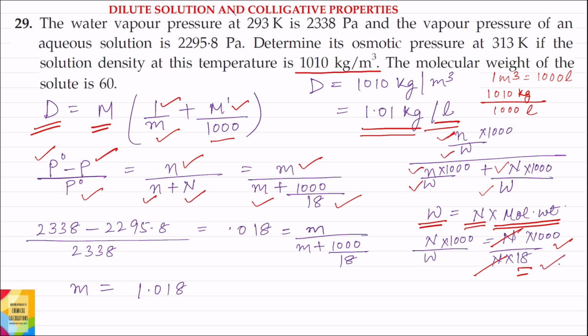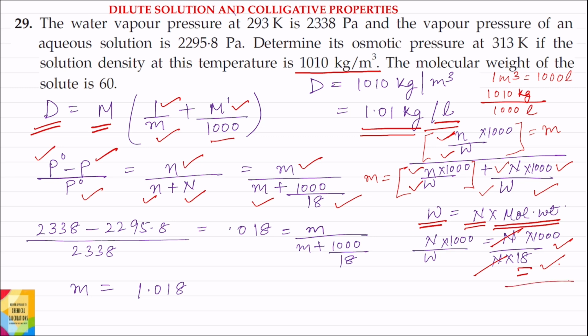So in the numerator, moles of solute divided by weight of solvent in kgs is equal to molality. In the denominator also, moles of solute divided by weight of solvent in kgs is also equal to molality, and moles of solvent divided by weight of solvent in kgs is equal to 1000 divided by 18.